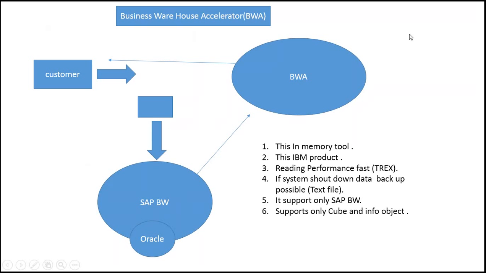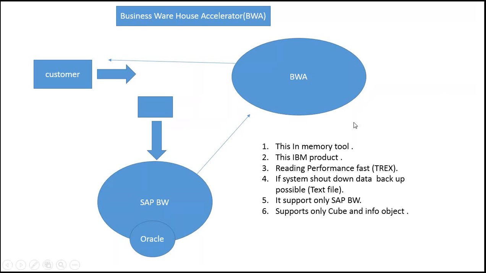The same copy is available in Business Warehouse Accelerator, then it displays the report. This is an in-memory tool. This is an IBM product. In the Business Warehouse Accelerator, it improves only read performance, not write performance. Remember it first.